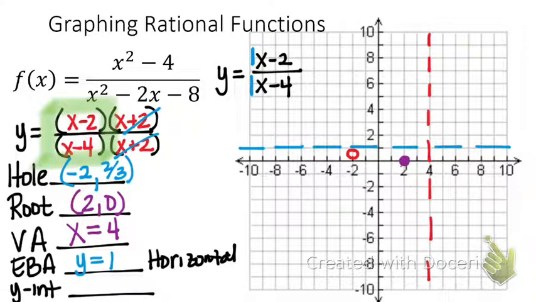And for your y-intercept, substitute in a 0. So that's going to be 0 minus 2 over 0 minus 4. So that's negative 2 over negative 4, which is 1/2. So your y-intercept is at 0, 1/2, or 0.5. So that's about right there.